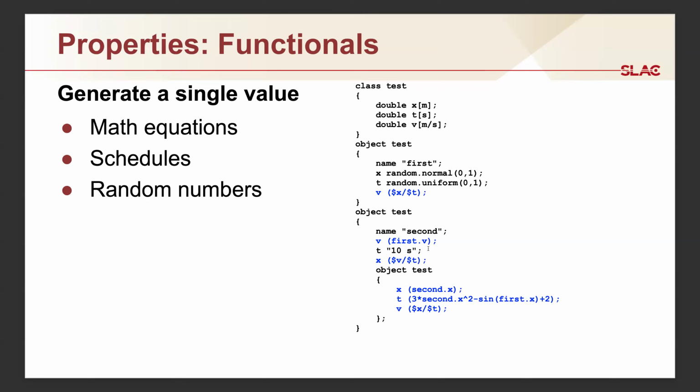They can also be schedules. Oops, I don't have a schedule example here, but we saw it earlier where an object was assigned the value of a schedule. And of course, they can be random numbers, as we see here in these two examples with x and t being set to some random value.